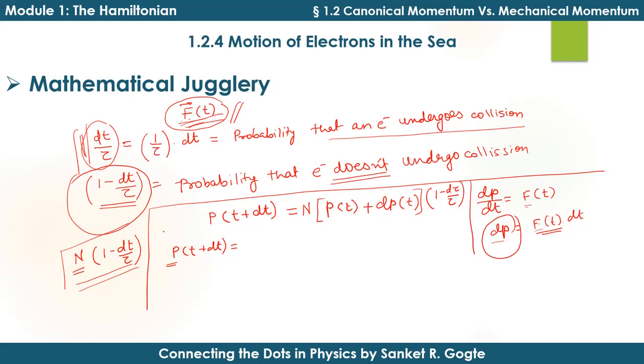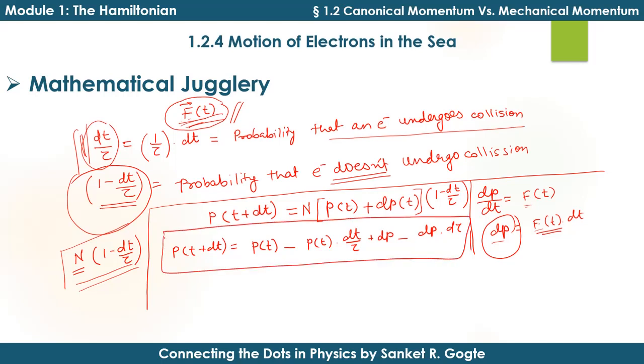So here we are talking about averages. So P of t plus dt is P of t minus P of t into dt by tau plus dp minus dp into dt by tau. So this is what we have.